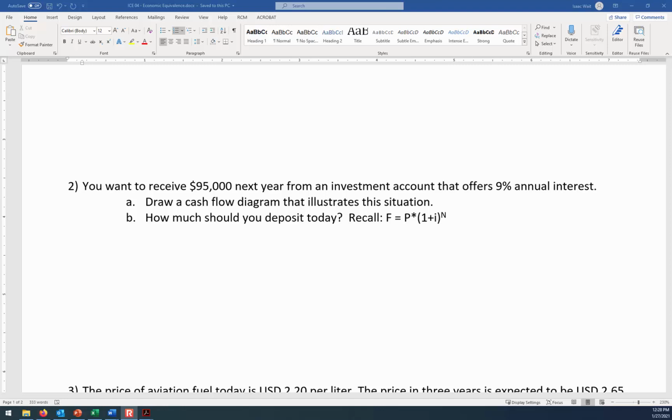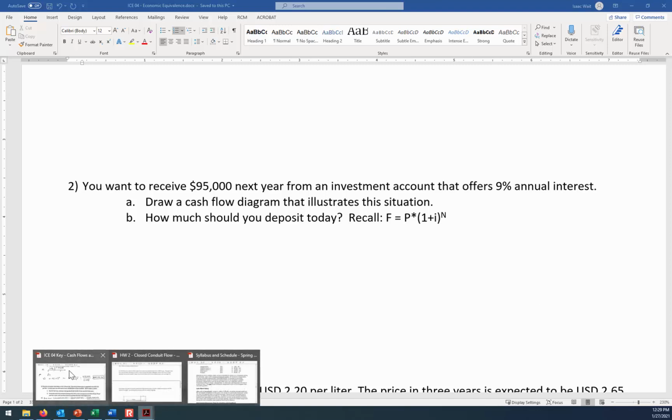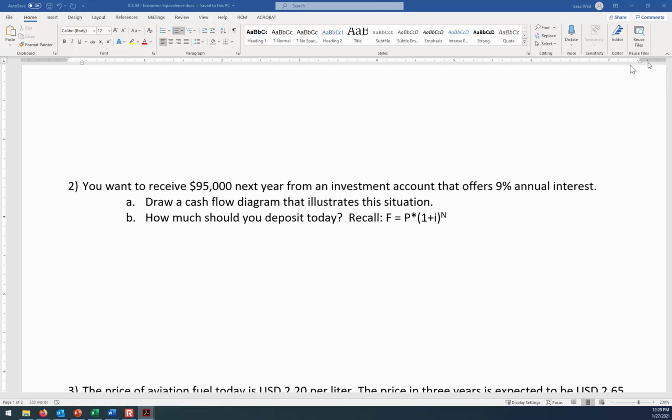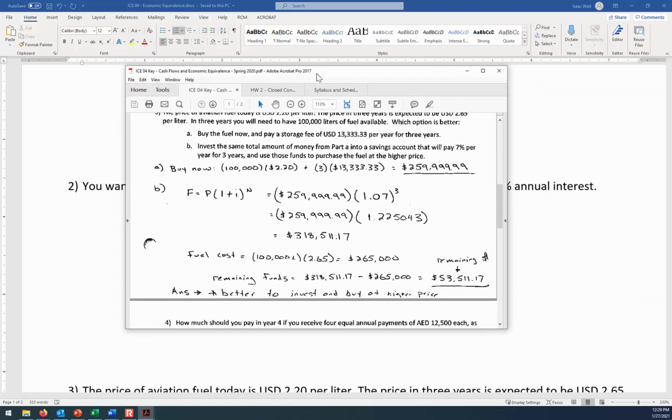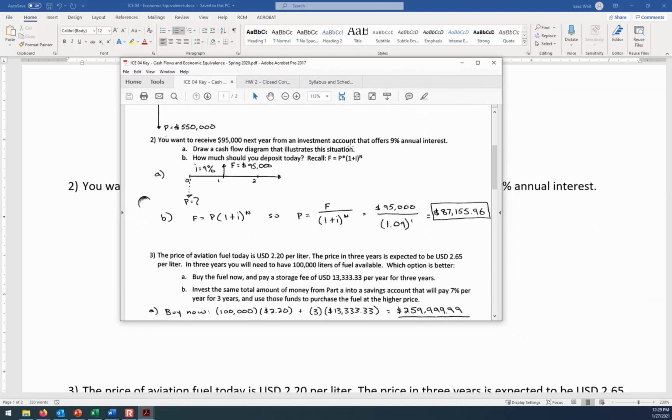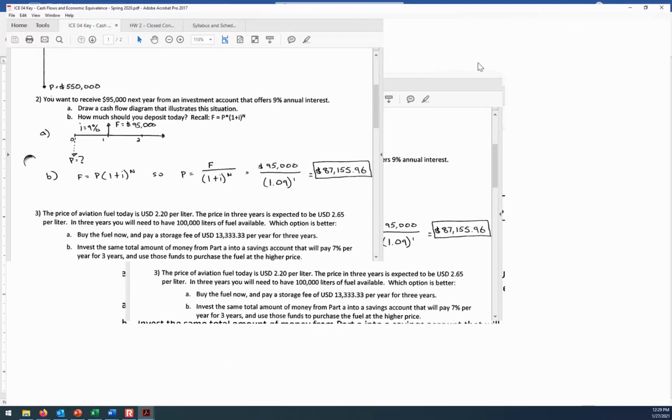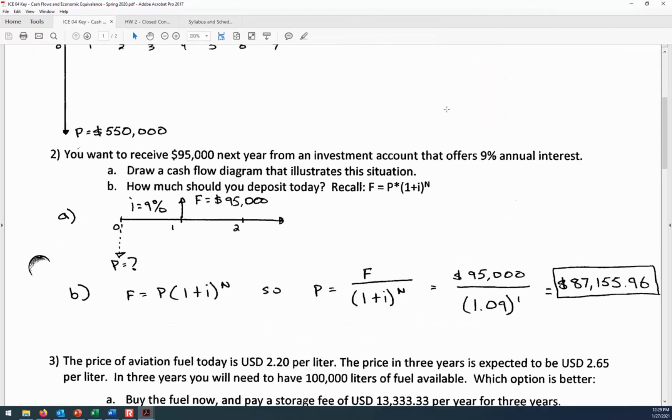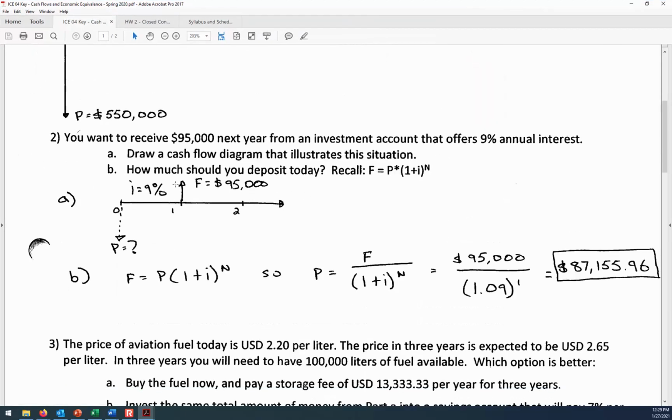Let's take a quick look at the solution here. All right, so you want 95,000. What it looks like is in 1 year you're taking a withdrawal. We've got a solid arrow there because we know the amount is 95,000.